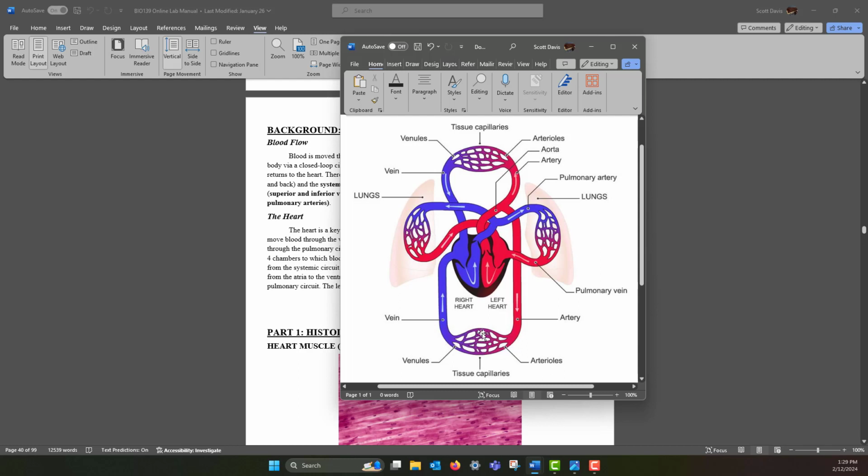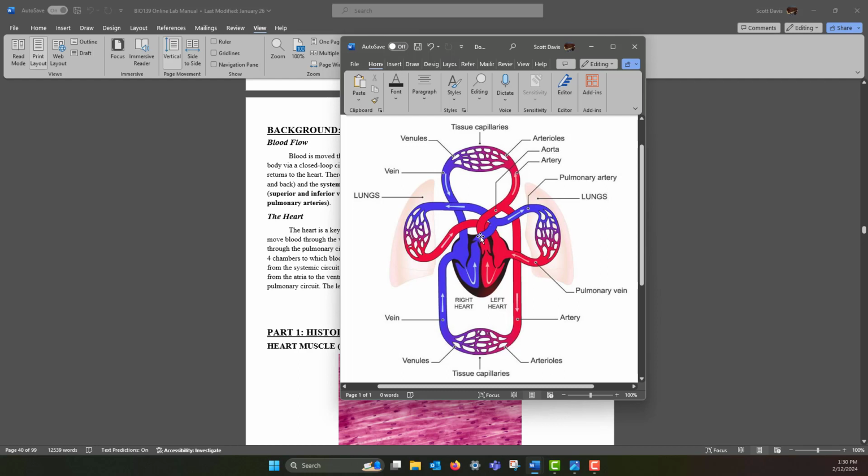We can pick an arbitrary point since it's all a big circle, or kind of a figure 8, but let's start at the right side of the heart and look at the pulmonary circuit. Starting at the right side of the heart, the pulmonary circuit ejects blood from the right side of the heart into this vessel right here called the pulmonary trunk. This is an artery, and it's going to carry blood to the lungs.